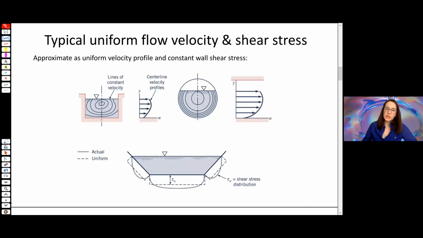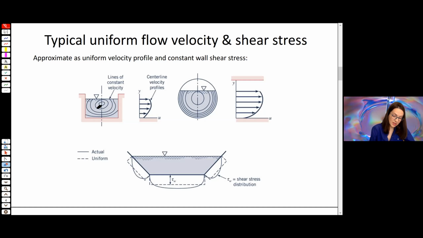So another note that's really important to understand about what we're assuming when we deal with open channel flows is that although in reality our velocity distributions in our channels and our shear stress distributions are not uniform, we make the assumption that they are uniform because it simplifies the analysis a lot, right? So here's a typical flow, cross-section of a flow in a rectangular channel, right?